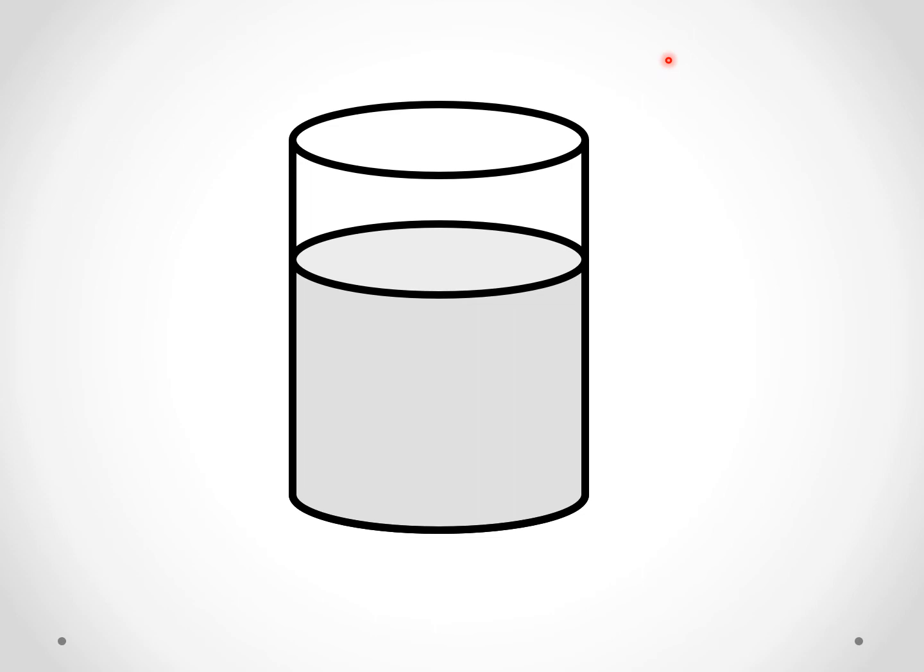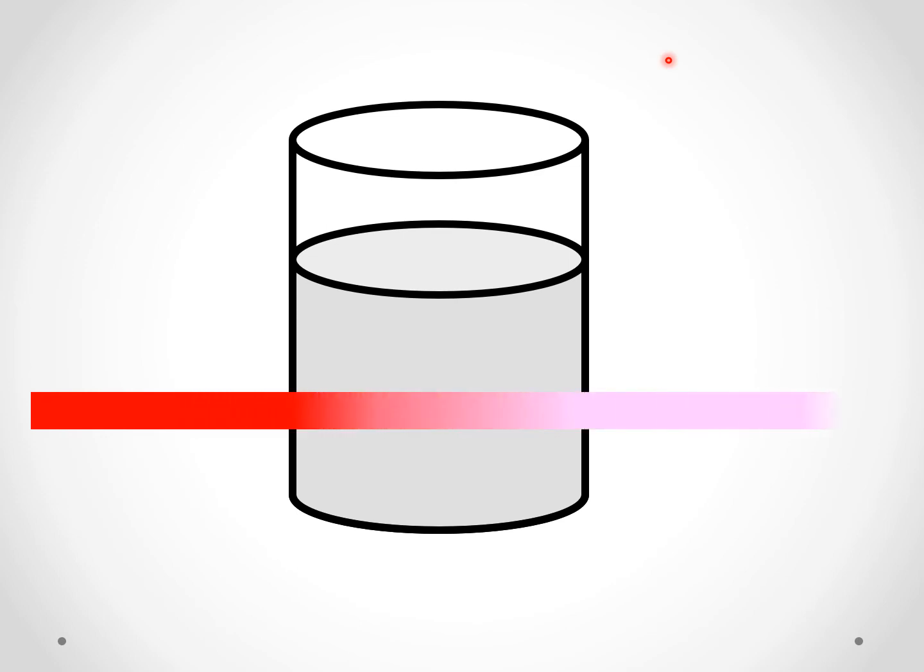Okay, it is the lambda max that you are passing that gets absorbed. So the absorption will be something like this. So you can see here the intensity of this light is continuously changing when it is inside the sample.